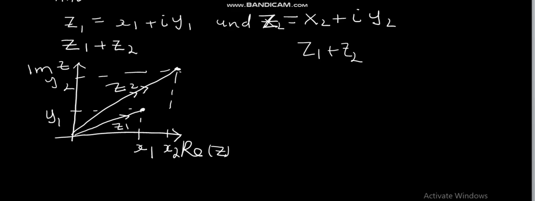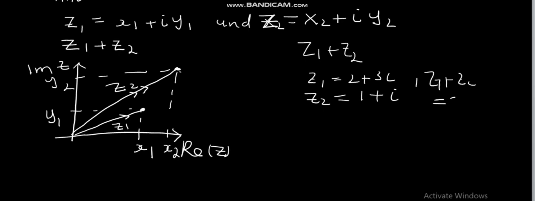Is that okay? Also, if we add two quantities, we shall realize that the final quantity will be greater than the quantities that have been added. For example, if our Z1 is equal to 2 plus 3i and our Z2 is equal to 1 plus i, then Z1 plus Z2 will be 2 plus 3i plus 1 plus i, which is 3 plus 4i.